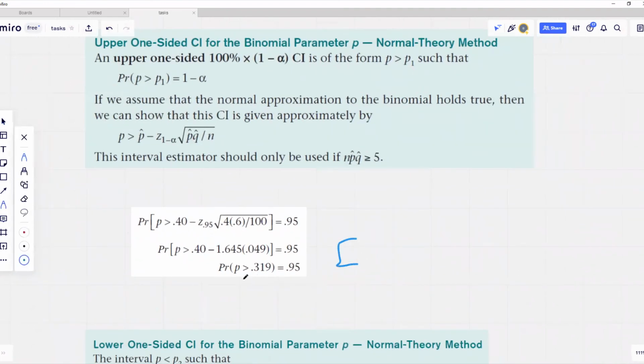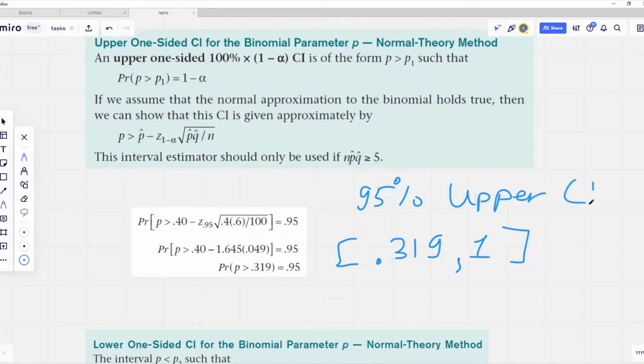So p is greater than 0.319. And in this case, since p is only defined from 0 to 1, you will have a right endpoint, which will be 1, but this is not true for all cases. If you have some other continuous random variable that is unbounded, then you would have only your left bound. So this is 95% upper confidence interval for binomial proportions.